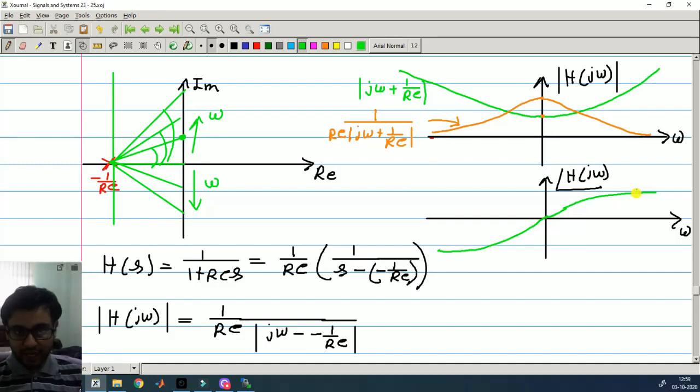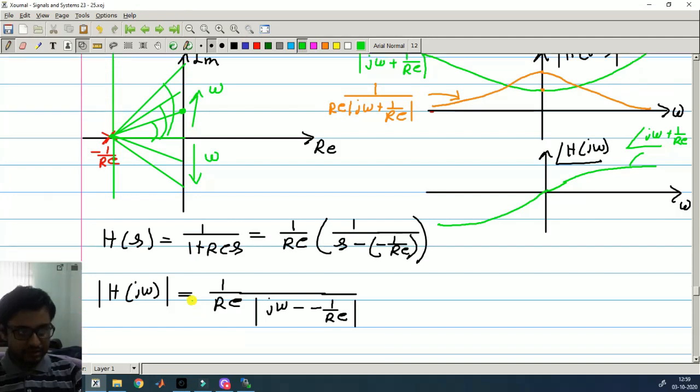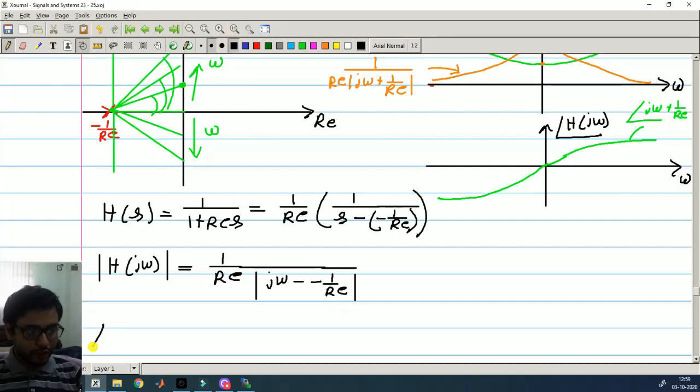However, this graph is the angle of jω plus 1 by RC. But what we want is the angle of H(jω), which is minus the angle of this.